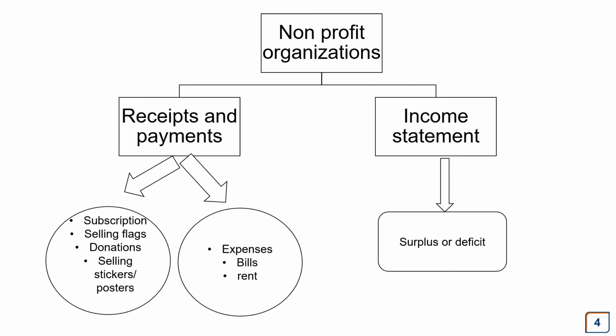All the income will be recorded under the receipts and the payments made will be recorded under payments such as expenses, bills and rent. To identify whether they have got a surplus or a deficit, since they don't calculate profit or loss, they only have surpluses or deficits, they have the income statement.